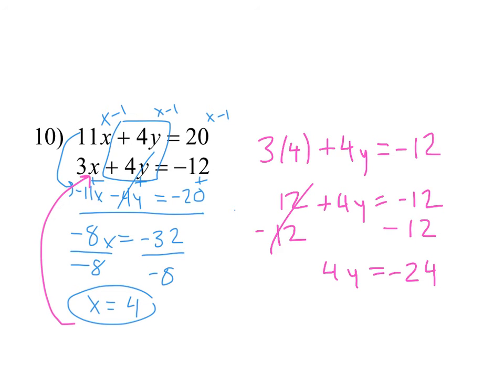Then we divide. What's -24 divided by 4? -6. Perfect. Any questions about solving by elimination?